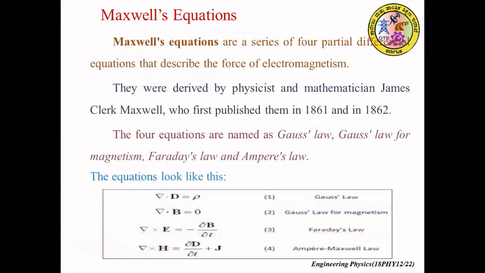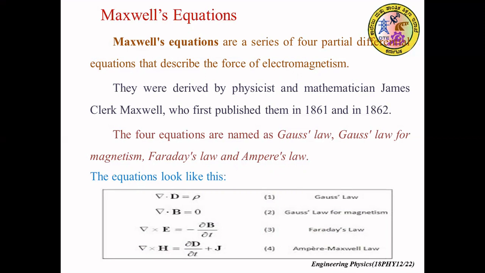So again, we come back to the question, what are Maxwell's equations? Maxwell's equations are a set of 4 partial differential equations that describe the laws of electromagnetism. They were the 20 equations originally derived by Maxwell and truncated into just 4 by Oliver Heaviside.